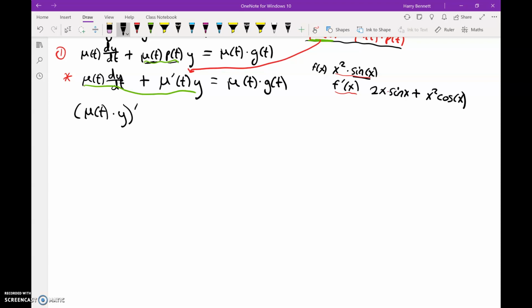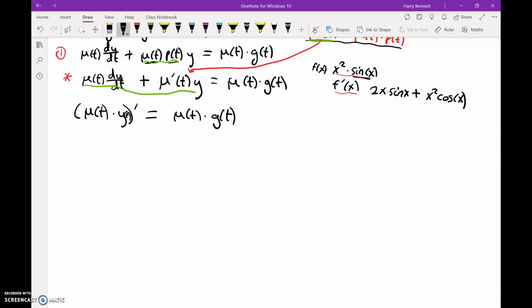Y is a function of t, and mu is a function of t. So the whole left-hand side you can rewrite as mu of t times y of t, differentiated, and this is equal to mu of t times g of t.